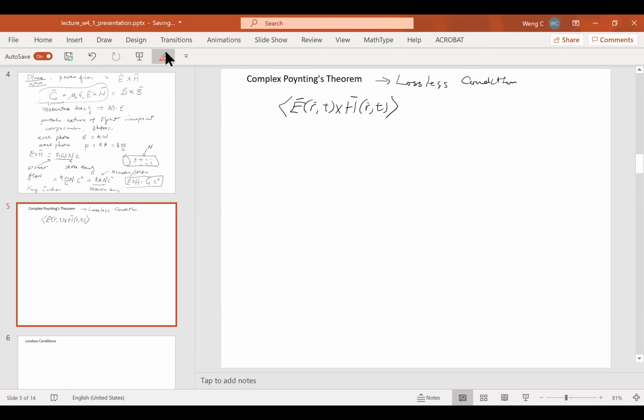If you time average it, which I denote by this square bracket over here, time averaging means that you perform this integration over a large time and then divide by time to average it. This is essentially an averaging operation.